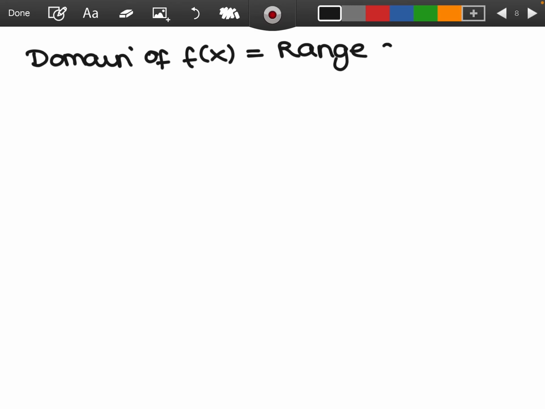The last thing that I want to quickly discuss on my last example is looking at this domain and range. Remember, we said that the domain of f of x is equal to the range of f inverse, and the range of f of x is equal to the domain of f inverse.